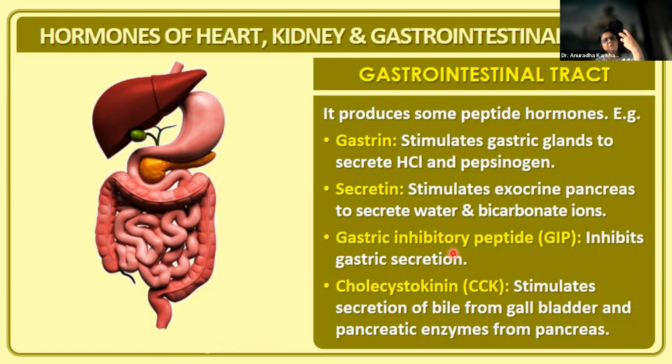These are parts of our organs which are involved in making these hormones. So gastrin, secretin, GIP, CCK. Okay. Yes, intestine. Yes, beta. GIP is going to be from the small intestine. Correct. Okay. Any difficulty with these things? Any problem in understanding these things? So the heart's ANF we saw, the kidney's erythropoietin we saw, and the gastrointestinal gastrin, secretin, GIP and CCK we saw. Right? Correct? Good.